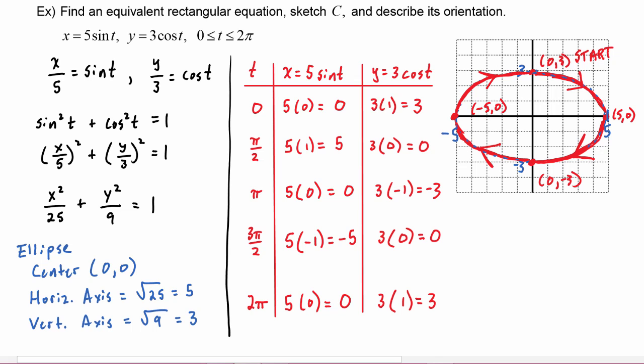In this direction, and it's going to end at the same point that it began.